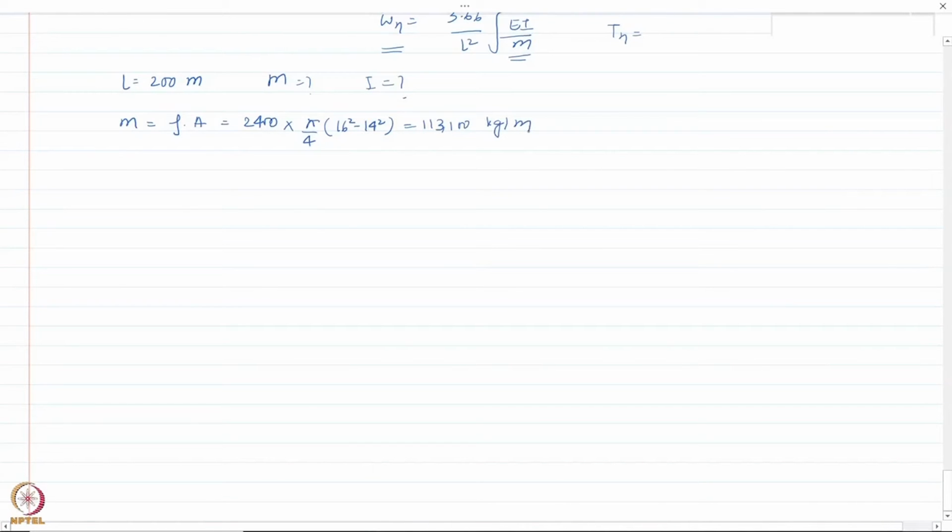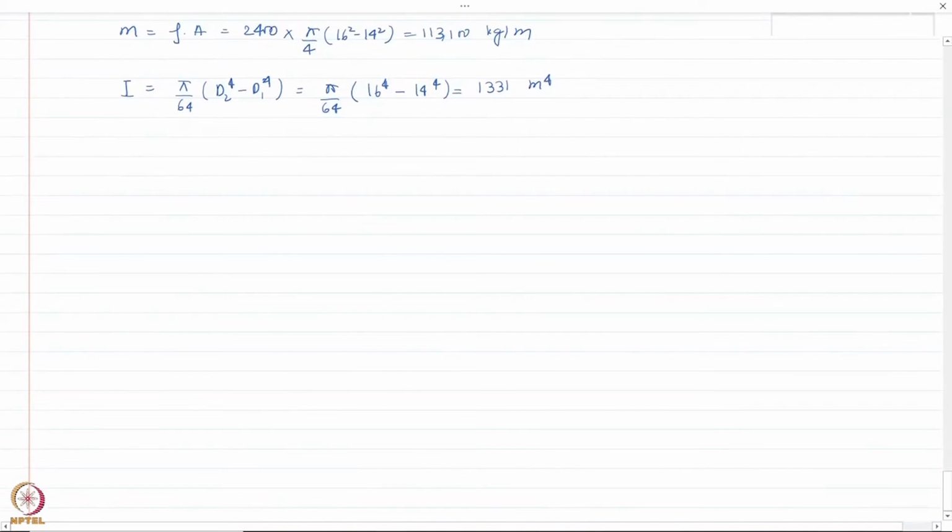All right, now the moment of inertia of a hollow cylinder is pi by 64 times d2 to the power 4 minus d1 to the power 4. So it would be pi by 64 times 16 to the power 4 minus 14 to the power 4, and this comes out to be 1331 meter 4.